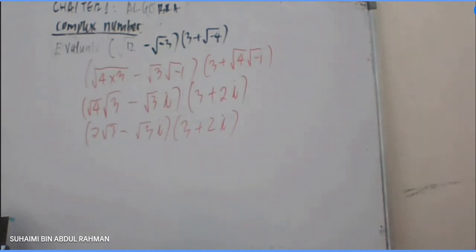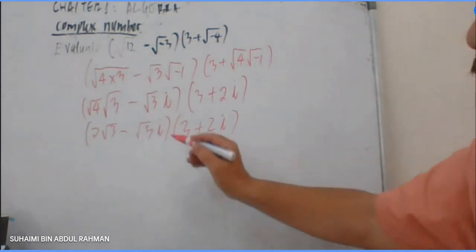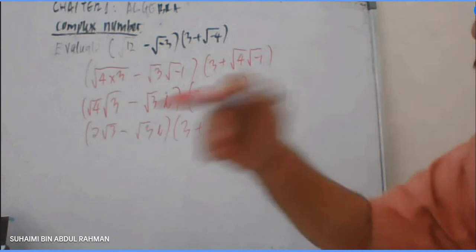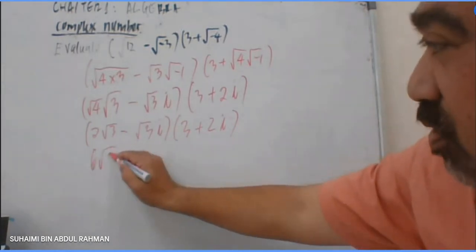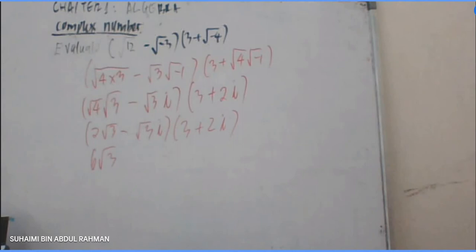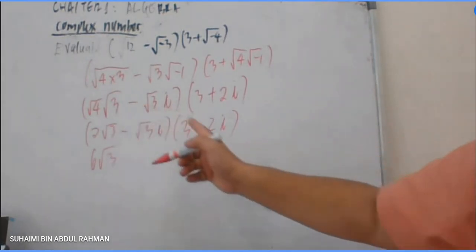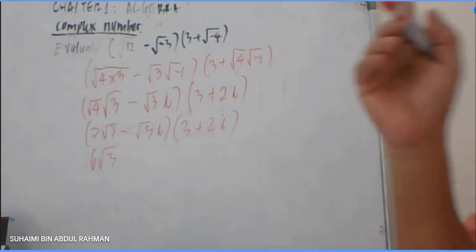And now we expand. We expand, which means that we multiply one by one. So expansion: 2 square root of 3 times 3, 6 square root of 3, plus 2 square root of 3 times 2i.